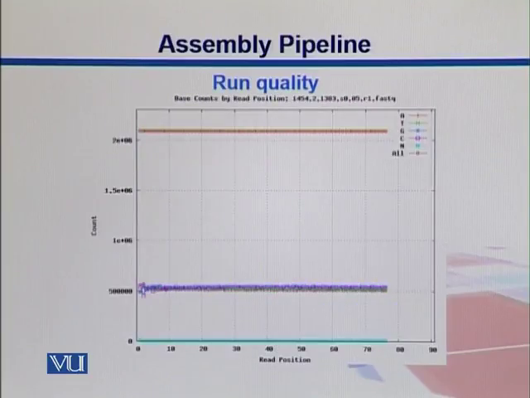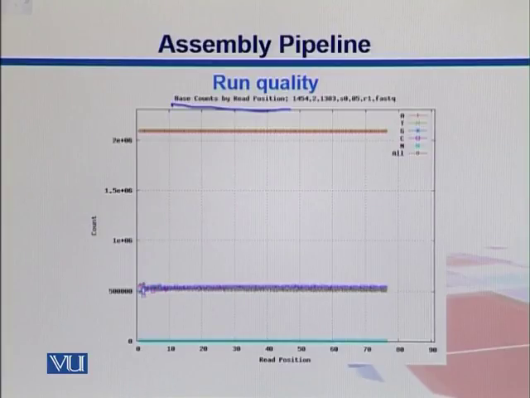Here we see the run quality of the sequencing runs: how good they are, and does the sequencer give us good data. We are looking at this in terms of the number of base counts by read position. We have A, T, G, and C, and sometimes sequencers place N where it is unknown or not sure which nucleotide is there.